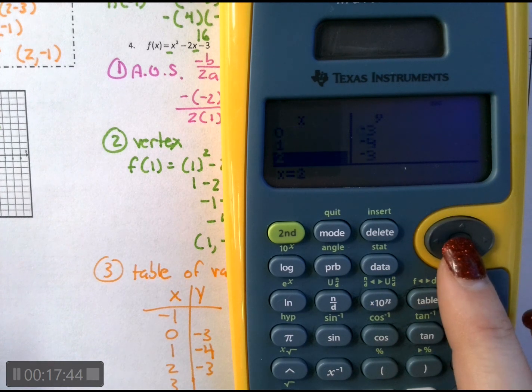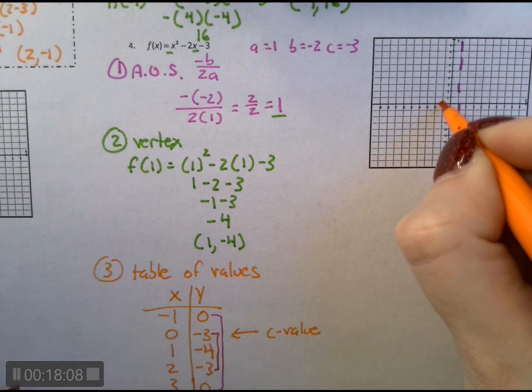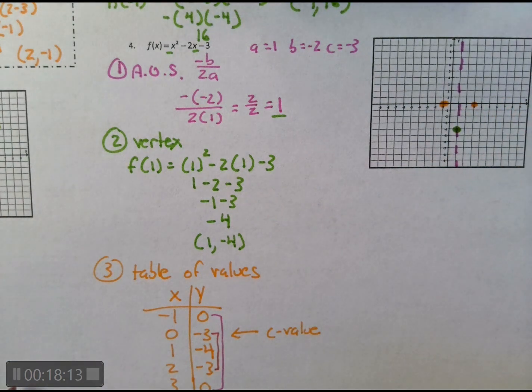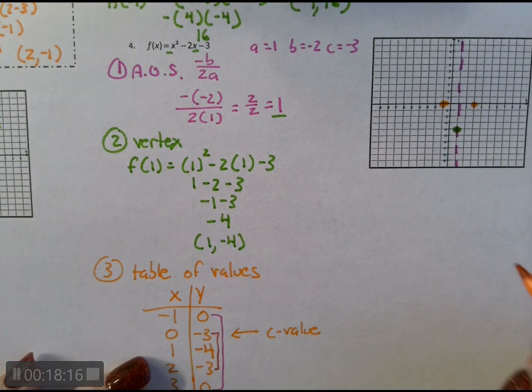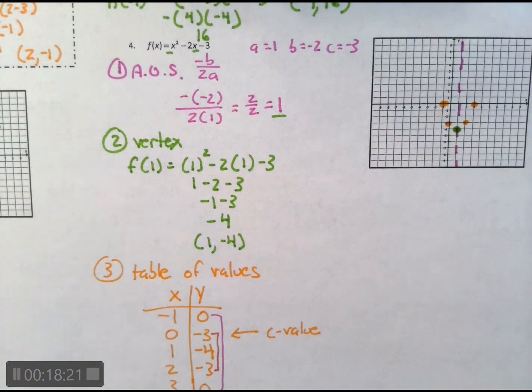So then at negative 1 it's going to be 0, and at 3 it's going to be 0, because of symmetry. Alright, so then we can graph those. So negative 1, 0, and 3, 0. And then 0, negative 3, and 1, negative 3.